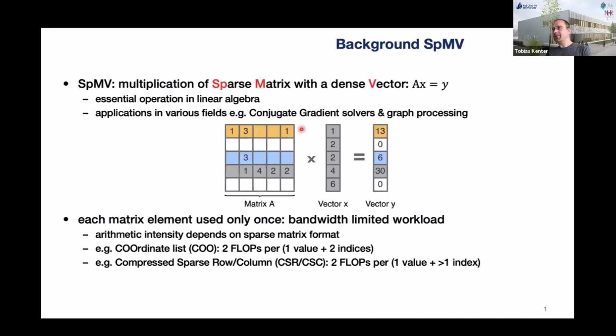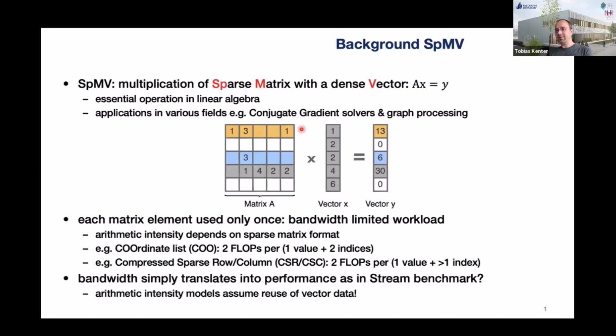So as a bandwidth limited workload, will it easily scale along the available bandwidth, just like the stream benchmark? Well, it's not that simple, for example, because the arithmetic intensity models also assume that we reuse the vector data all the time and only account for the matrix data in the bandwidth calculation.